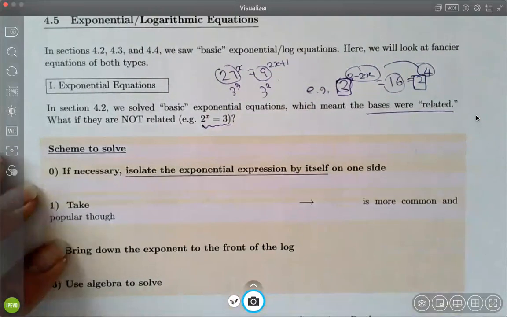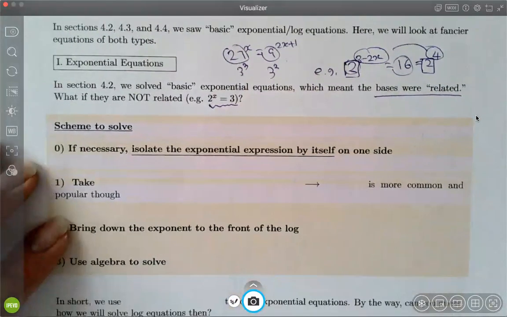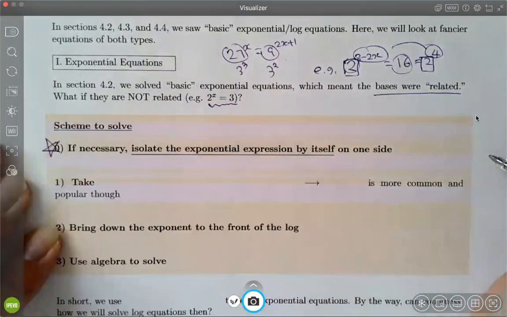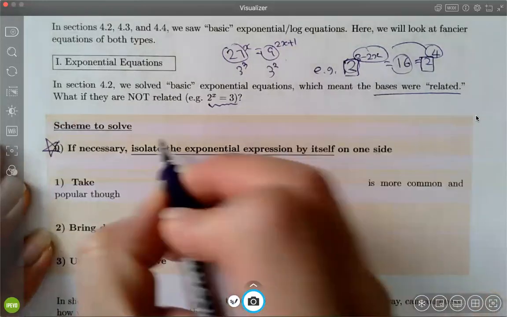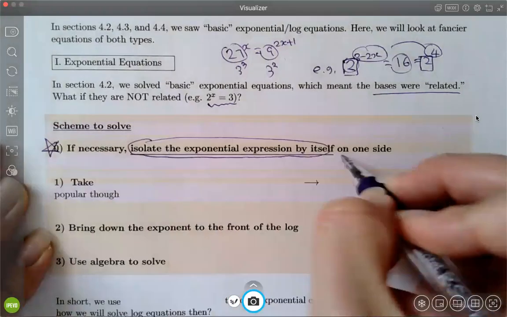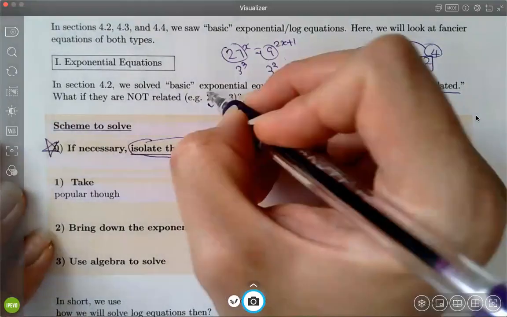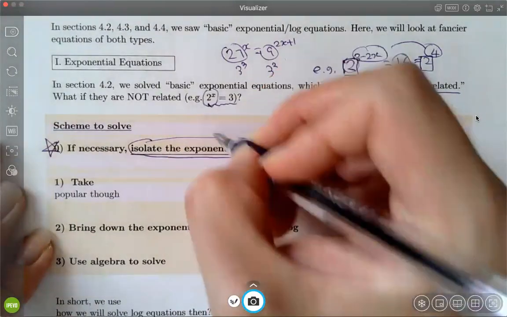So here is the scheme to solve. Before you go any further, what you have to check is to isolate the exponential expression by itself on one side. This means 2 to the power x is isolated by itself.